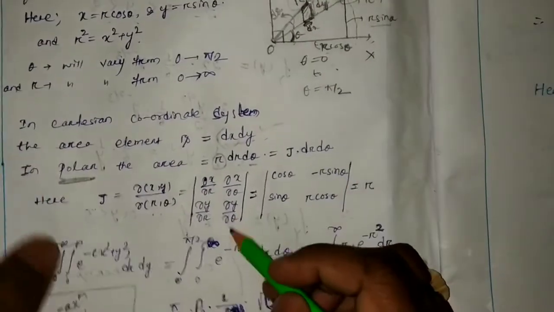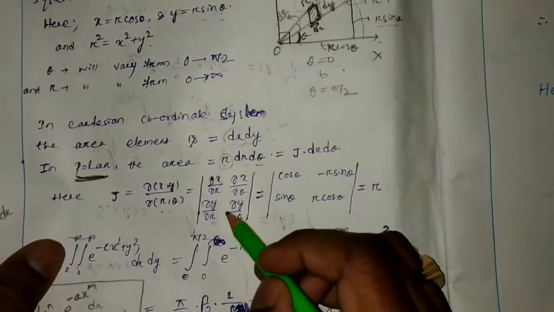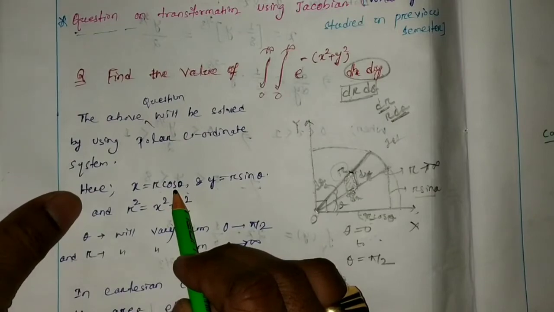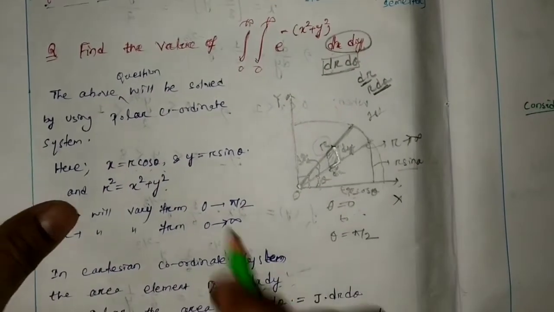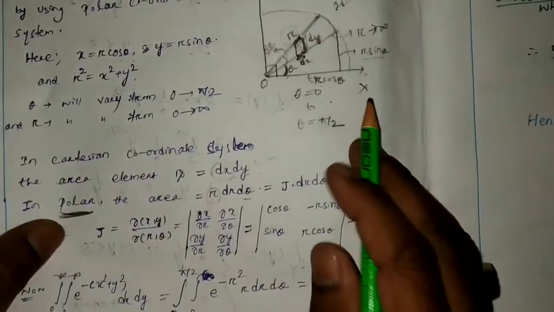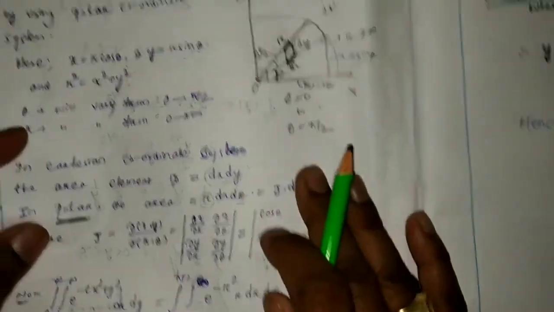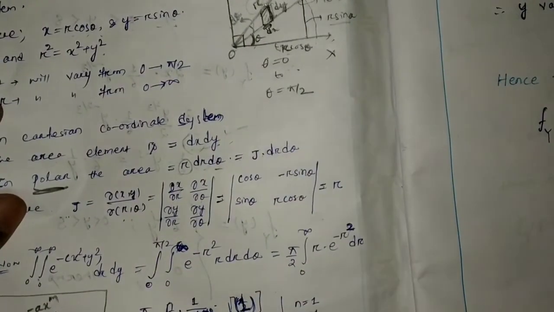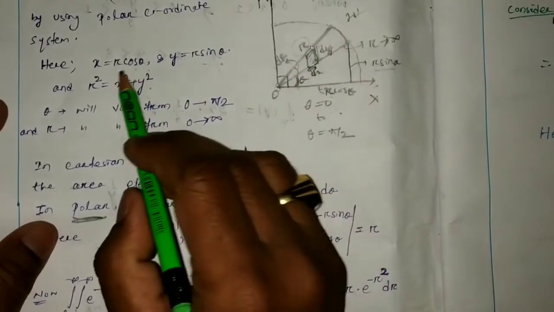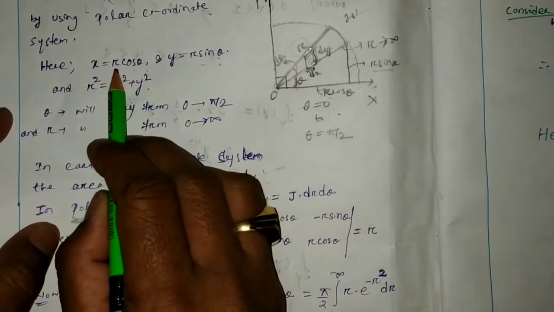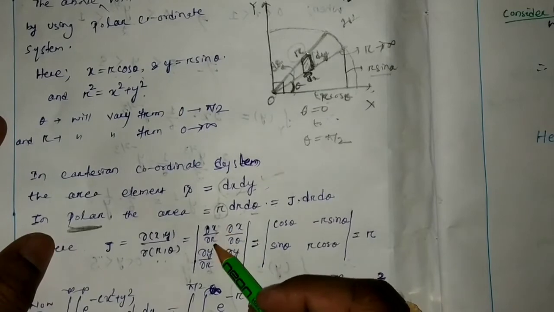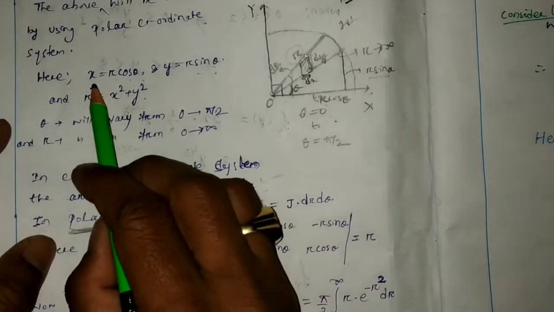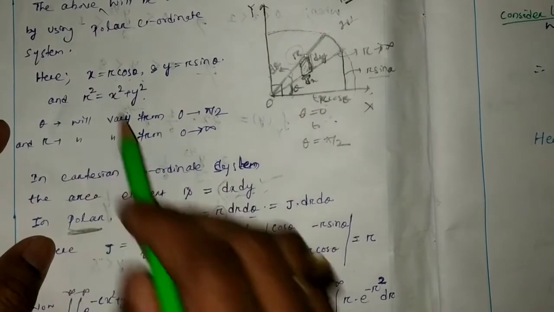We have to find these. dx by dr will be cos theta, and dx by d theta will be minus r sin theta.